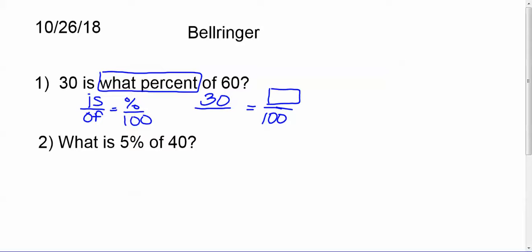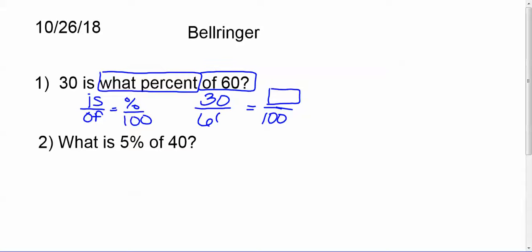This is to gear you up for when we start using algebra and variables. Pretty soon that's going to be an X or something like that. But right now, I want you to actually physically draw that box on your paper, because a lot of kids are just leaving it as a blank space. So 30 out of, and this is right here, of 60.